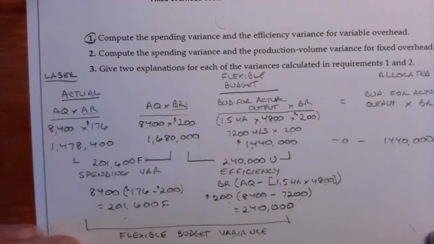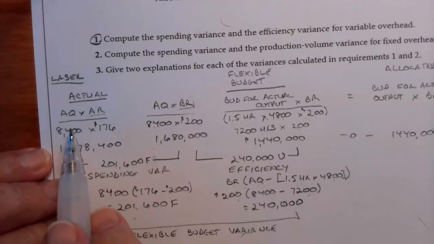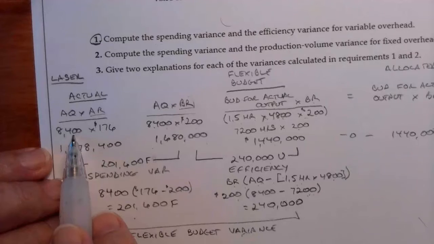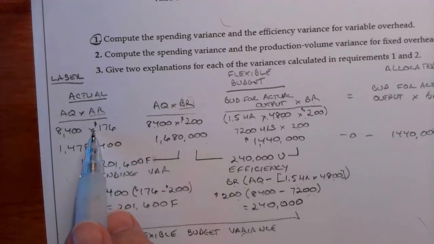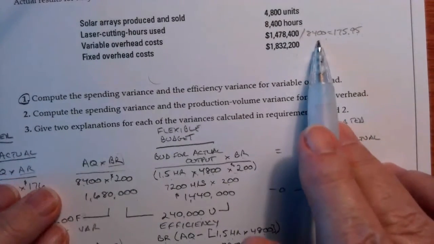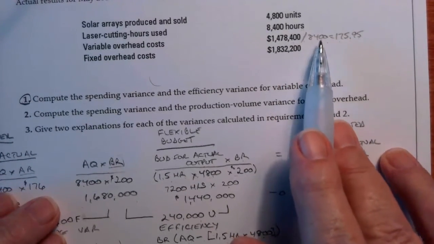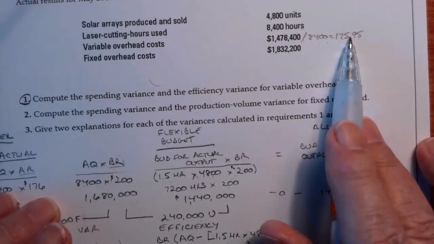Now let's look at the other side. Here's our actual. The actual is actual quantity times actual rate. So 8,400 times an actual rate of 176. Remember, up here I took my variable overhead and divided it by the actual hours, so our actual rate is 176.